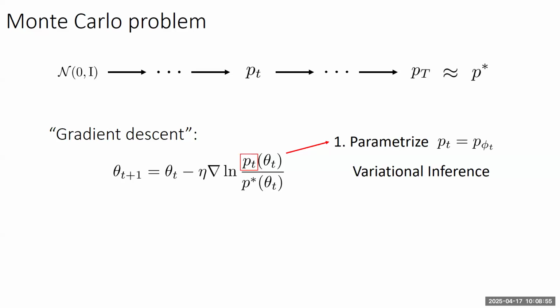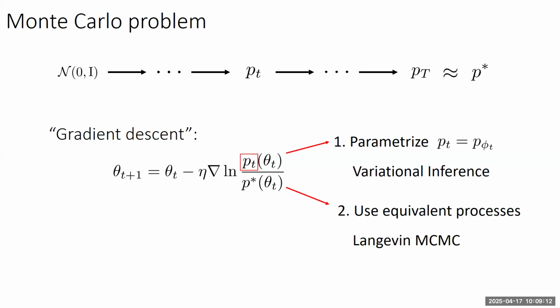Another way to think about this is to say, can we use an equivalent process which substitutes the gradient of the log current distribution? Infinitesimally, the gradient of the log of the current distribution is the same as a Brownian motion. So we can substitute it, simulating a process driven by Brownian motion, which corresponds to MCMC.